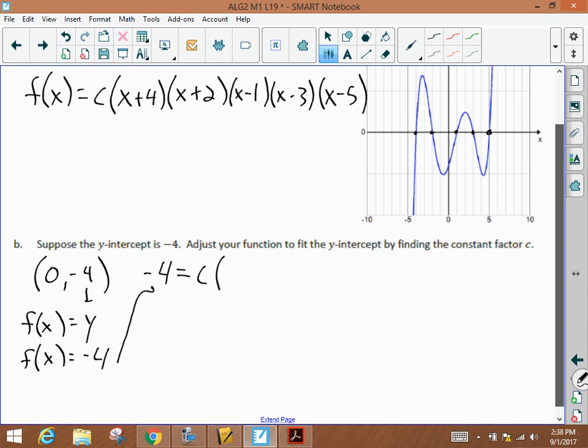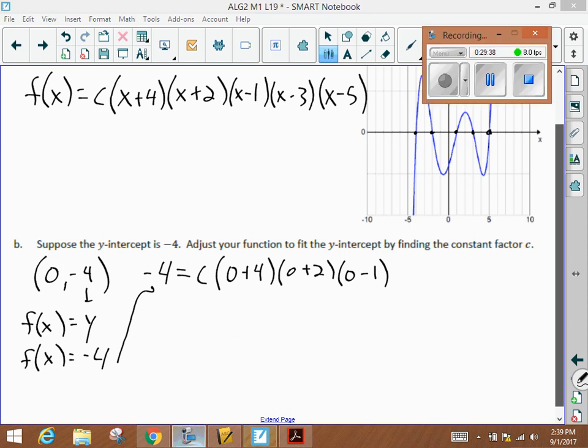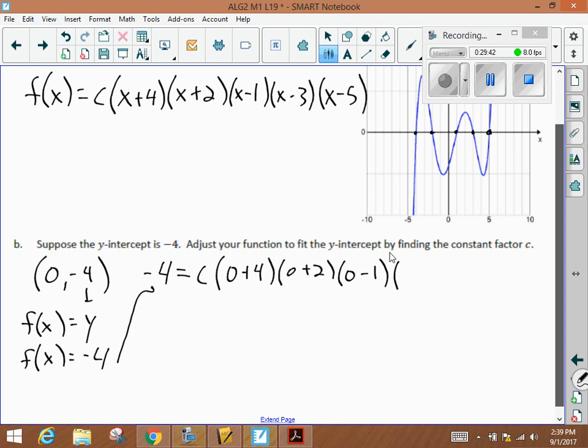Also x is 0, so we're going to substitute 0 as well. So I'm just doing this substitution step. So substitute that 0 in here.